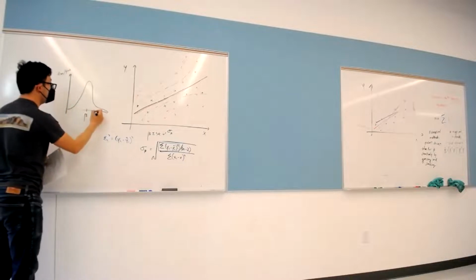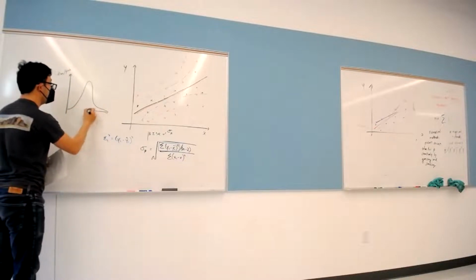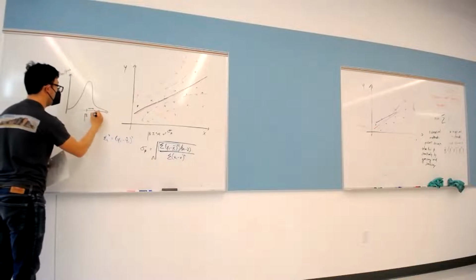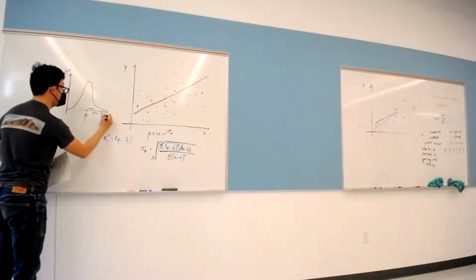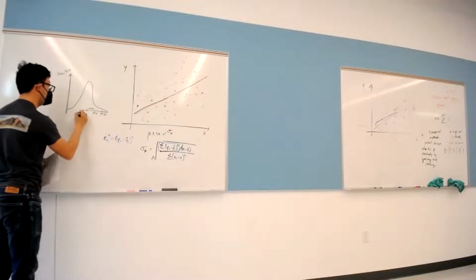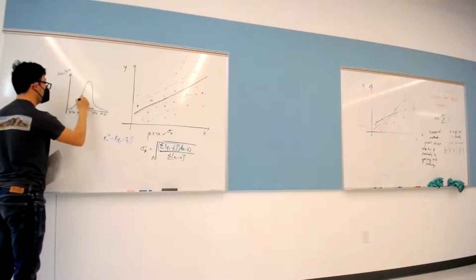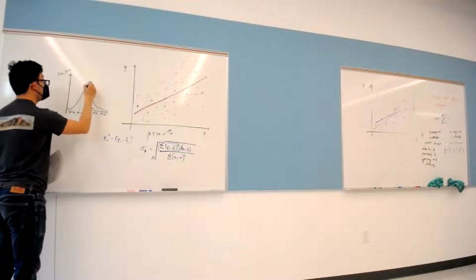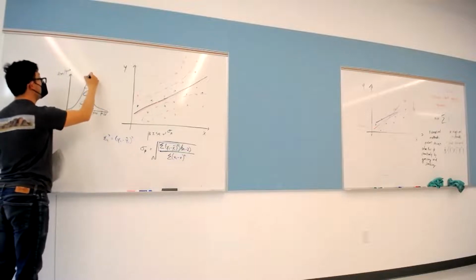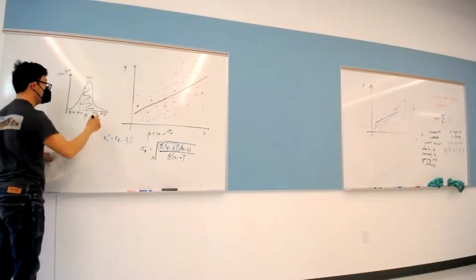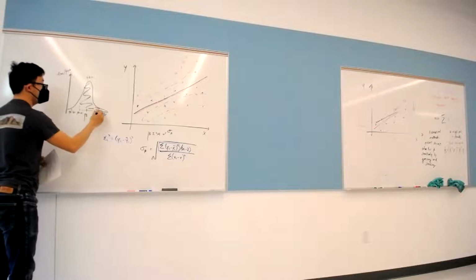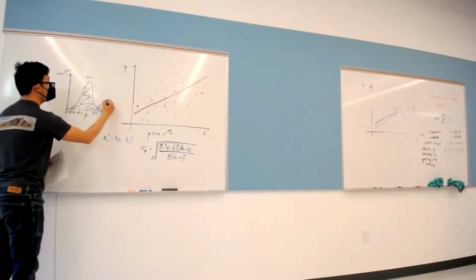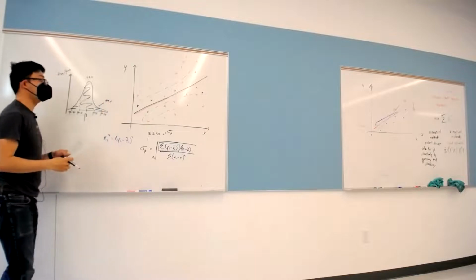And this means that if you are beta plus sigma, beta plus 2 sigma, beta minus sigma, beta minus 2 sigma, then in a normal distribution, 68% of the points are within here, and 95% of the points are within here.